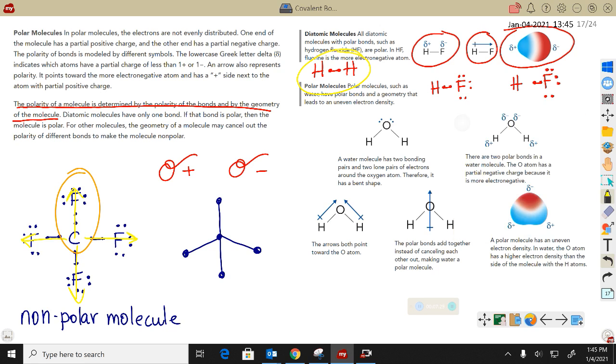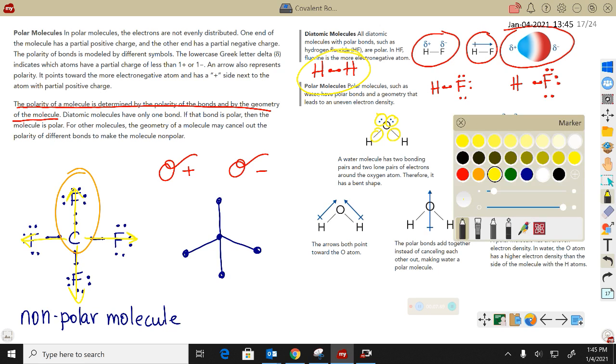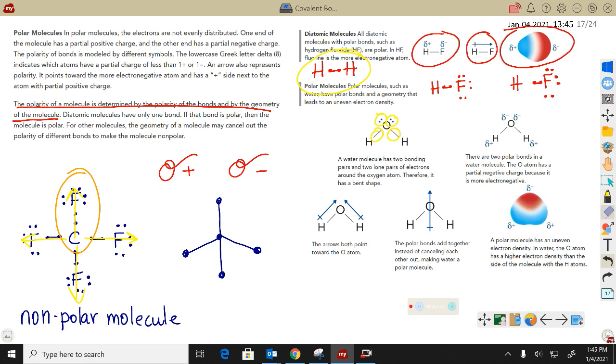Okay, so 4 electron regions. Here's my 4 regions: the 2 bonding groups, and then the 2 lone pairs. That makes me think tetrahedron, but 2 of those groups aren't really atoms. So if I take my tetrahedron and pop off 2 atoms, they're now lone pairs.